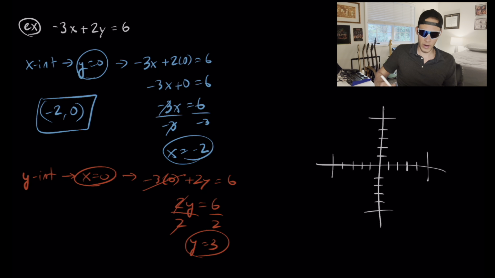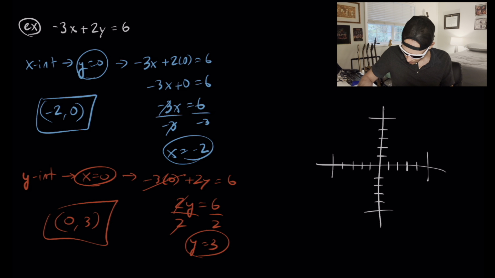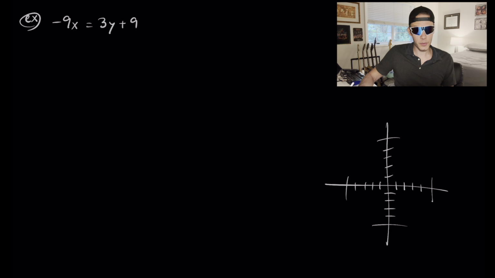The point for our y-intercept is 0, 3. So we'll plot both of those. 0, 3 is going to be right there, and negative 2, 0 is going to be right here. So we plot our intercepts and then just connect the dots.